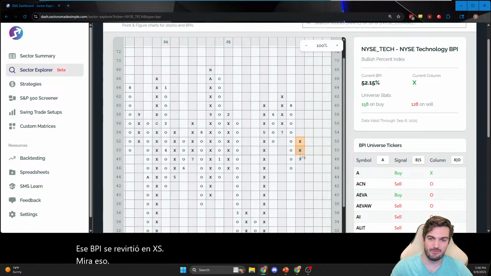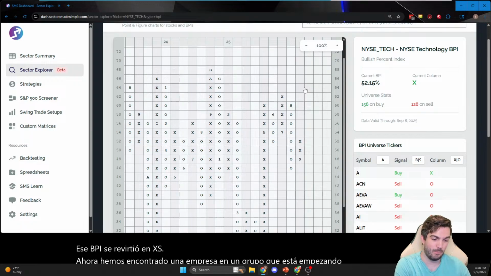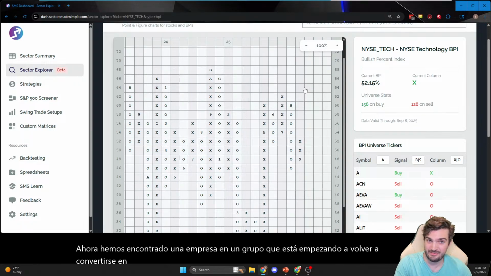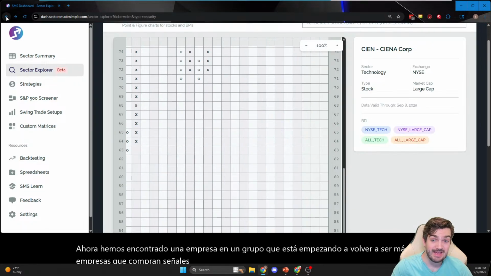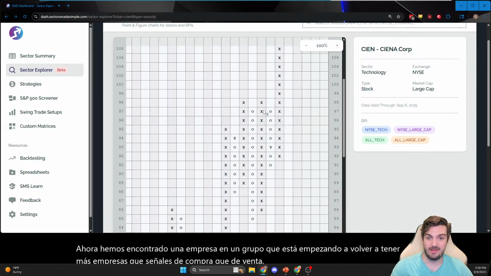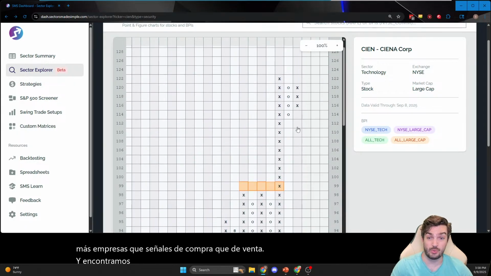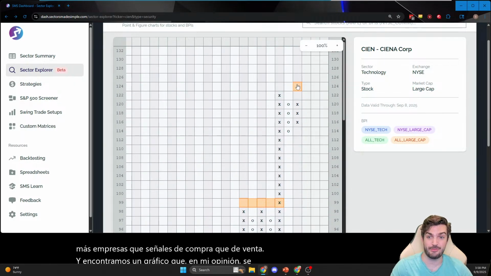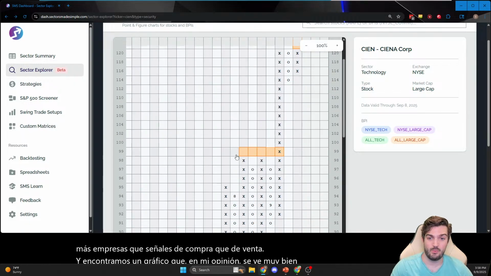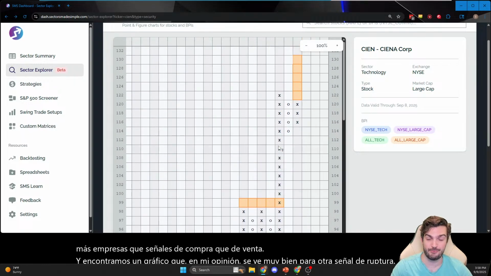We have now found a company in a group that's just starting to swing back into more companies going on buy signals than sell signals. And we found a chart that, in my opinion, looks really good for another breakout signal. We had a triple top breakout before.